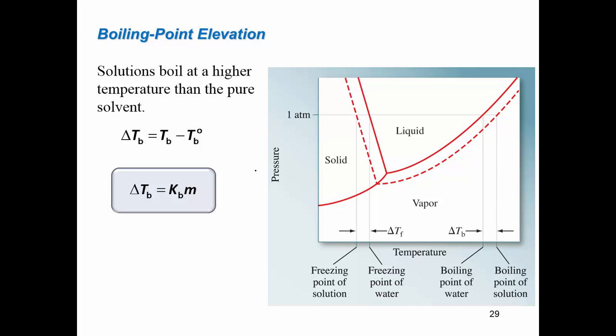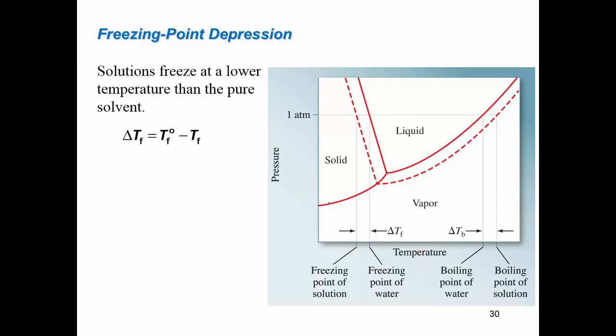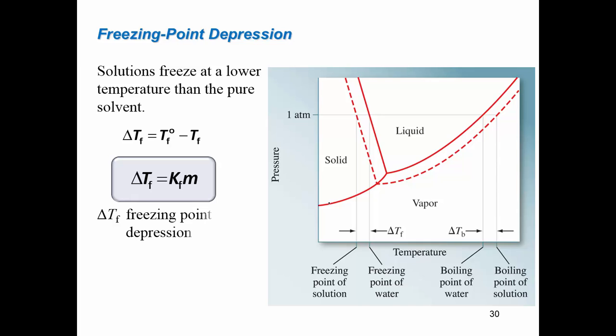Now the change in boiling point here will be equal to a boiling point elevation constant, which should be given to you, times the molality. Remember, molality is moles of solute per kilogram of solvent. Freezing point depression is found similarly, where we have our Kf, or freezing point depression constant, again given to you, times the molality.